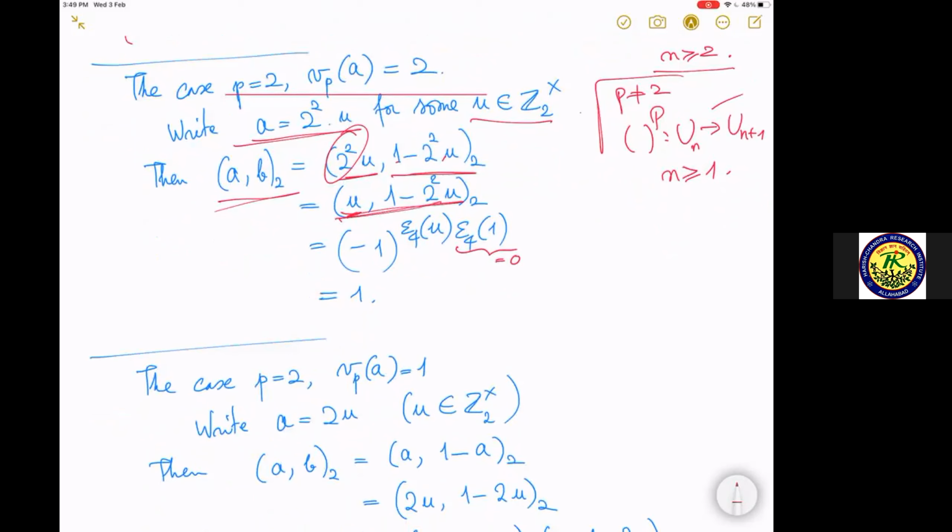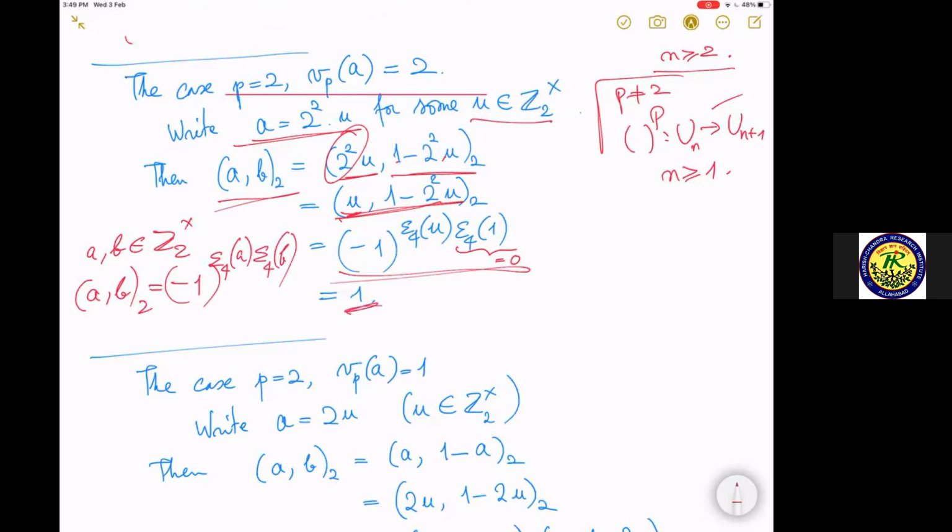And for units, I had this formula, right? If A, B are in Z2 star, then (A, B)_2 is equal to minus 1 to the power epsilon 4 of A times epsilon 4 of B. So that's what I've written here. And that's always equal to 1, because this thing is equal to 1 modulo 4, right?